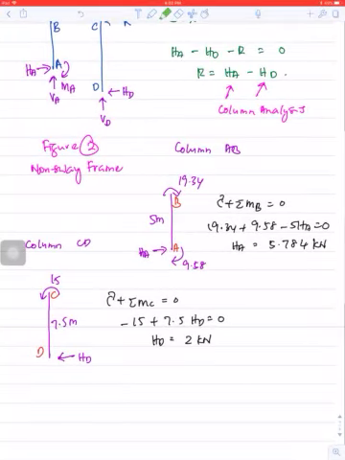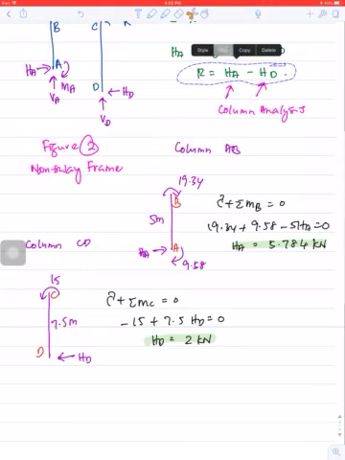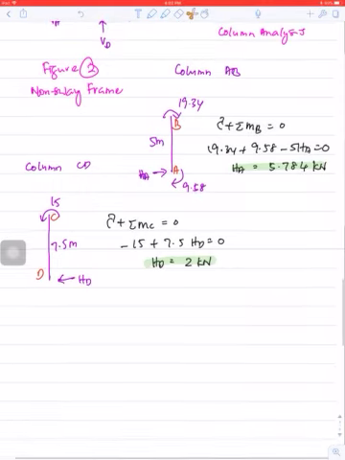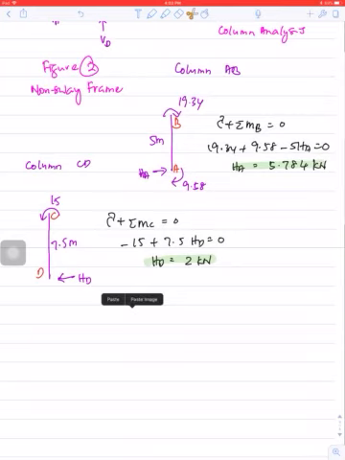This value, HA is equal to 5.784, HD is equal to 2. We substitute into this equation. Okay, we substitute into this.